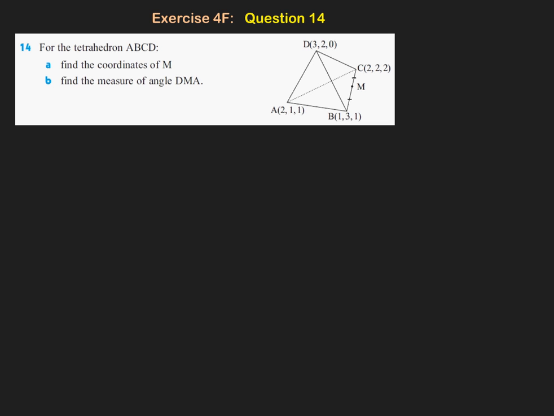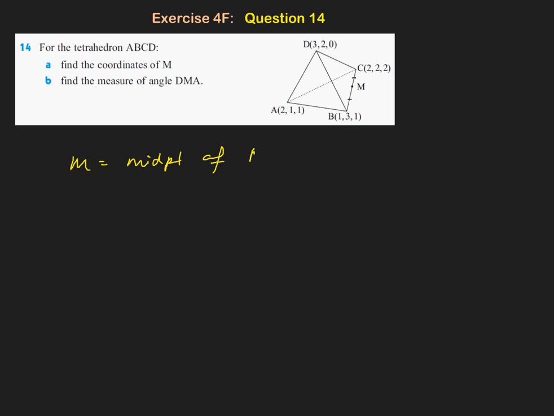Find the tetrahedron ABCD. So point A, and then they ask you to find the angle DMA. So this is a combination of some vector work and so on. The M clearly is a midpoint of BC.